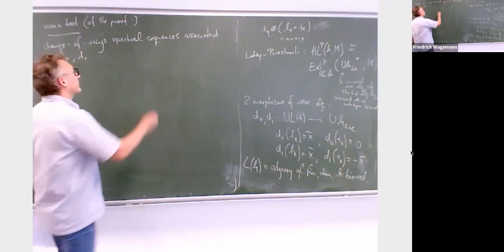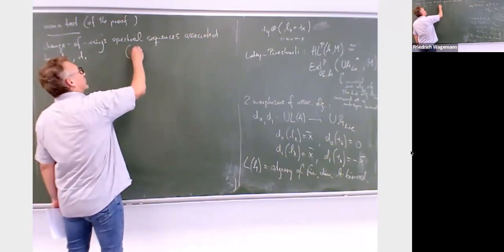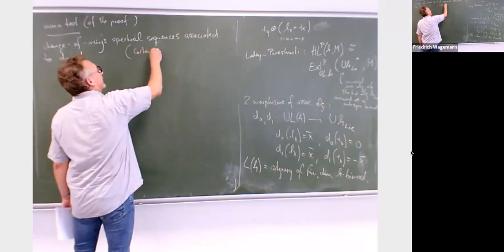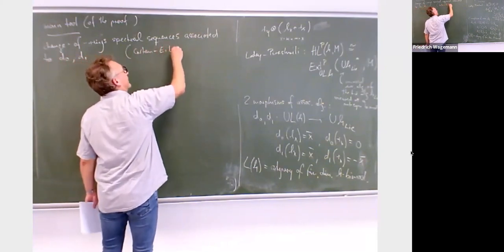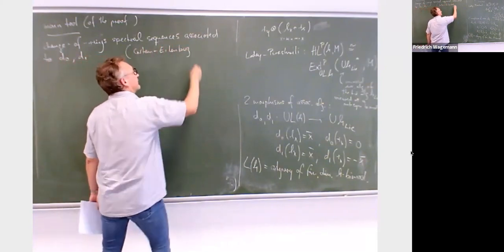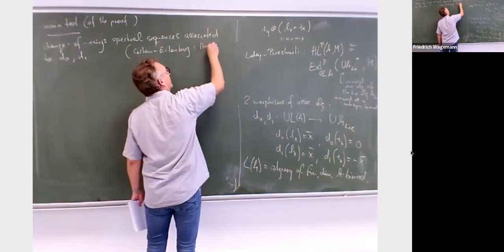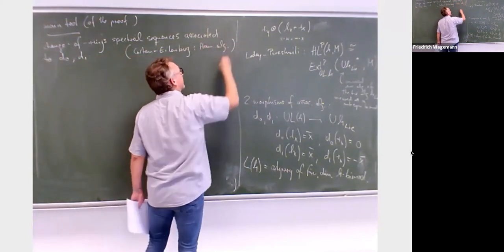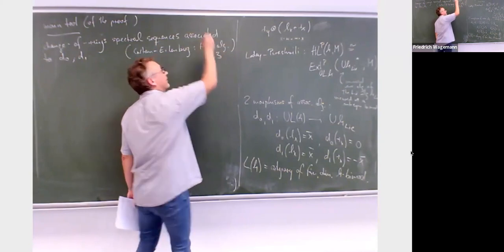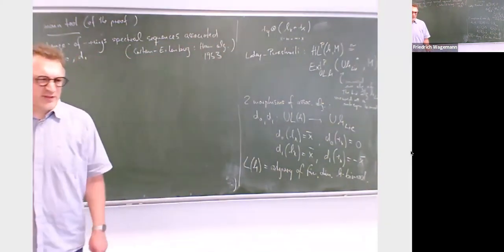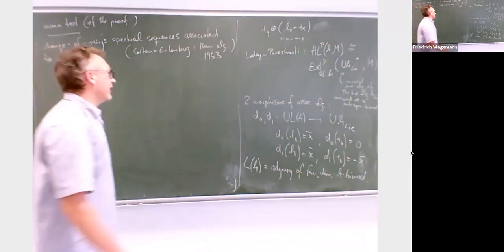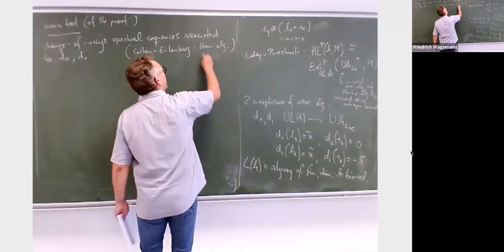It goes back to the book of Cartan-Eilenberg on homological algebra, which dates from 1953, if I'm not mistaken, or the 1950s, I should say.